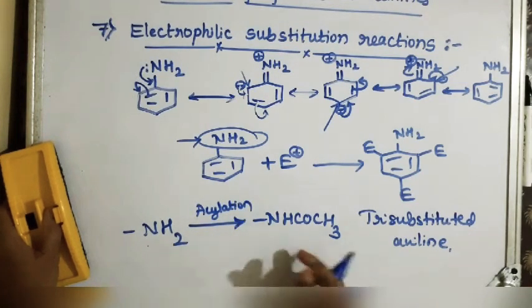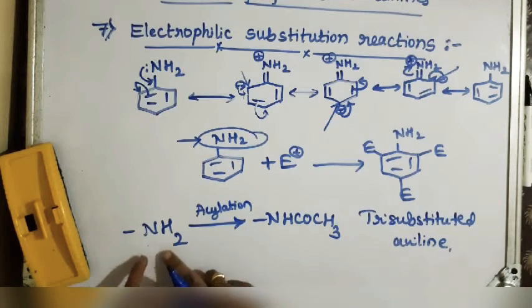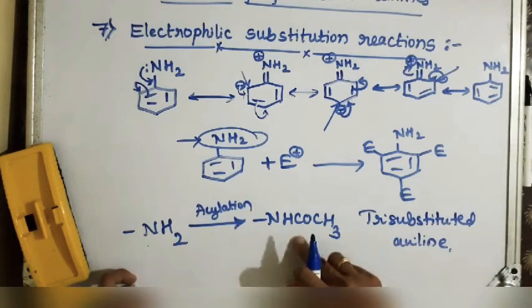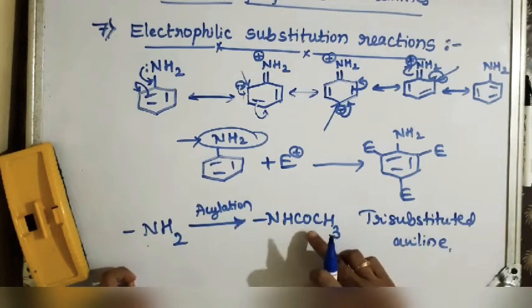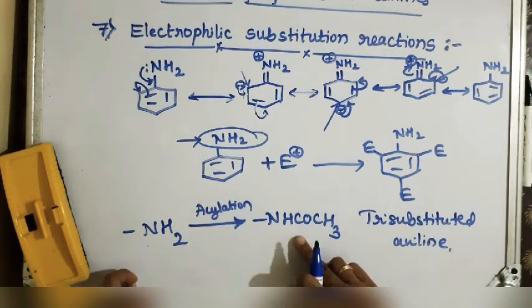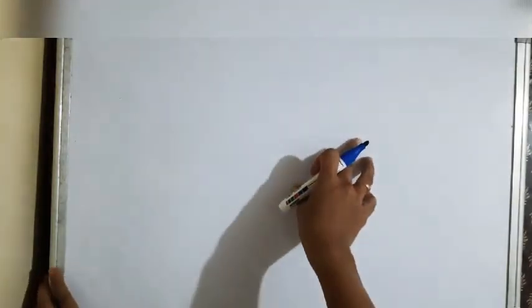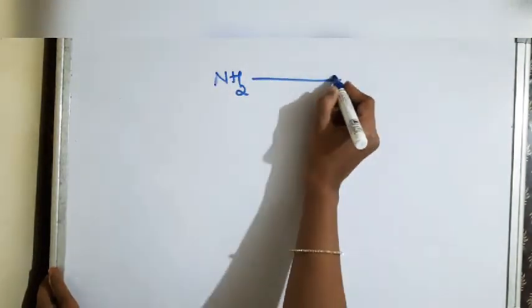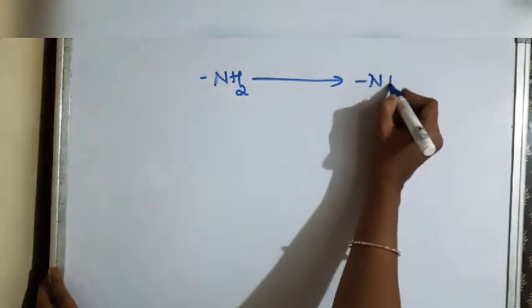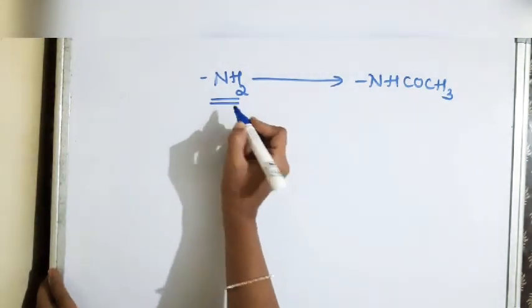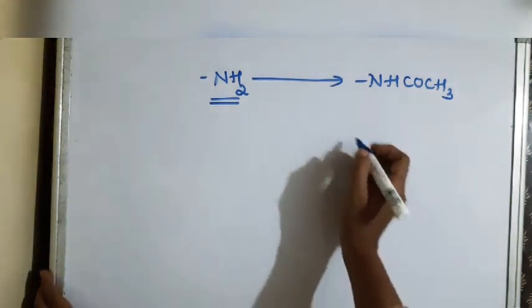So whenever we need mono-substituted aniline, first we have to do acylation of the NH2 group so that the reactivity is reduced. After that, the electrophilic substitution is done so that we get substitution only at a single position. So to get the mono-substituted aniline as a product, we have to convert NH2 group into NHCOCH3, that is, we do acylation so that the activity of the NH2 group is reduced.